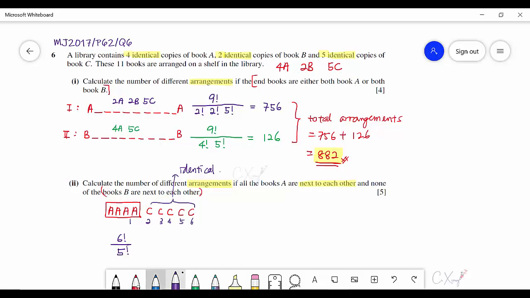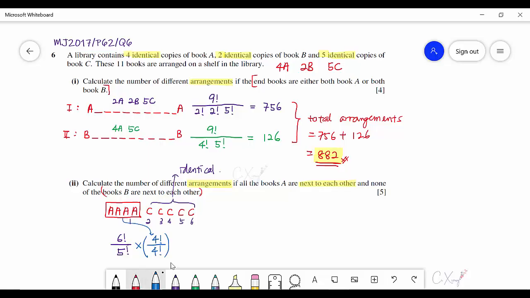After that, usually we need to consider the arrangement within the group. All the A here, there are 4 A's, so I have 4 factorial, but because all of them are identical, I divide it by 4 factorial also.